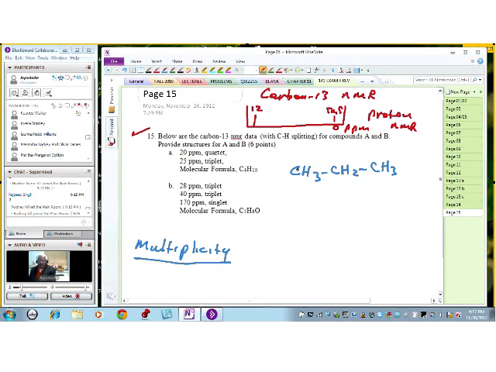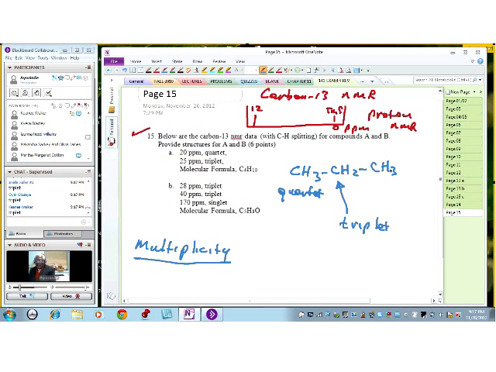So how many hydrogens are attached to this carbon? Okay, 3. Great. Therefore, in the case of carbon-13 NMR, by the N+1 rule, this carbon will be a quartet. Okay? So what will be the multiplicity of this carbon? A triplet, exactly. That is how it goes.